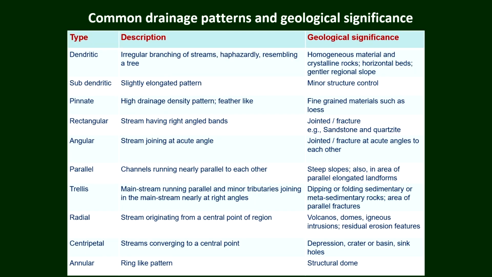Now, if you look at the common drainage patterns and their geological significance, these are the types which are given, with descriptions and geological significance. For example, if you have a dendritic channel, you have irregular branching of the stream, and it looks like a tree.